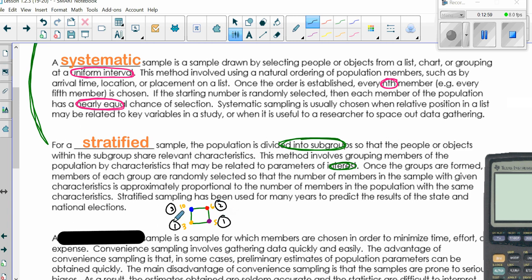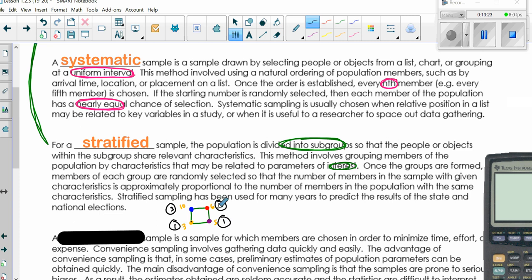So what you're doing is you're grouping people based off of their likes, but then you're picking people within those groups. You're not picking all 10, you're picking 3 out of the 10, 2 out of the 6. Notice this is 30%, this is 1/3, so 33%, 20%, 33%. So they're all about the same percentage.